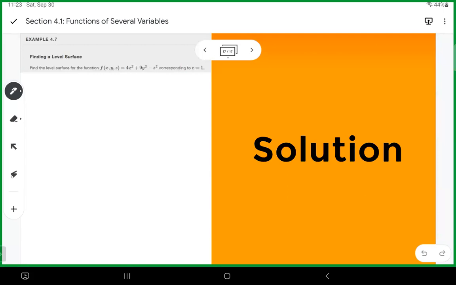So the level surface is defined by the equation. Basically, all we have to do for this one is you say, okay, 4x squared plus 9y squared minus z squared equal to 1.